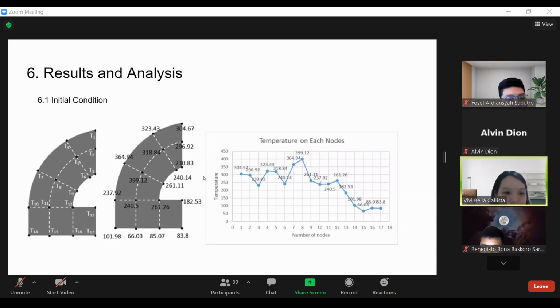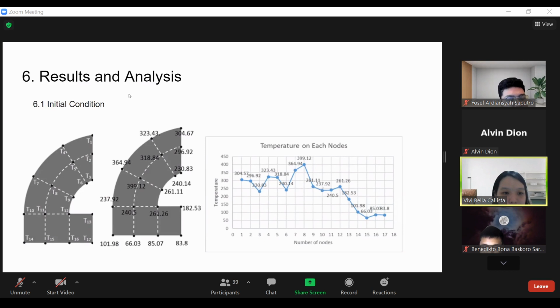Based on the calculation we did in MATLAB, we get the temperature on each node as presented on the slide. The first picture is the number of the nodes, the middle picture is the temperature on each node, and the last one is the graph of temperature on each node.